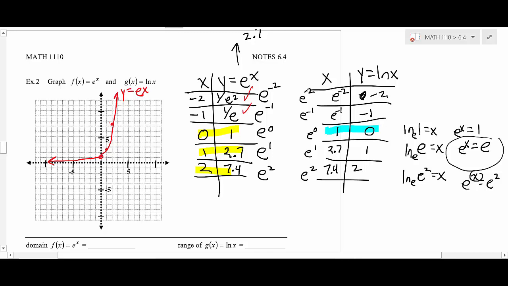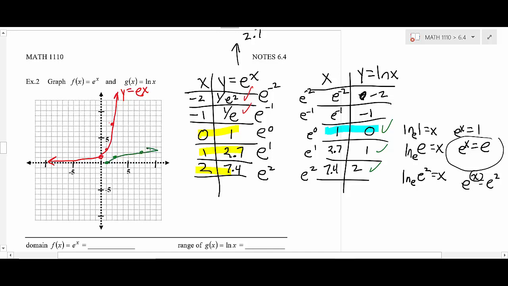Just like the last problem, you had 2 to the x and log base 2 of x. Now you have e to the x and ln of x because they're both base e. So if you plot just these 3 points right here, you'll get a good graph. So we have 1, 0, over e and 1. E is about 2.7, up 1. E squared is about 7.4, up 2.